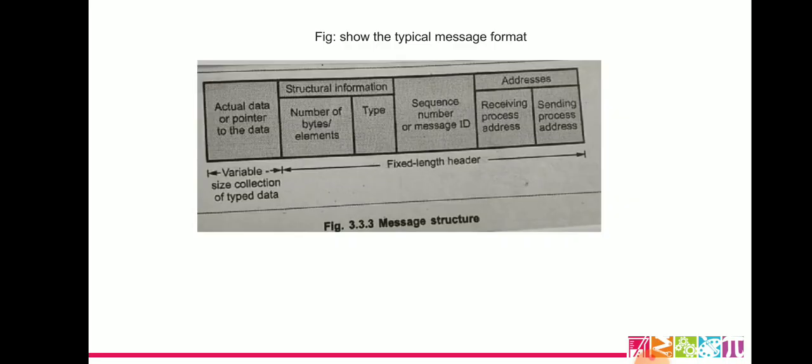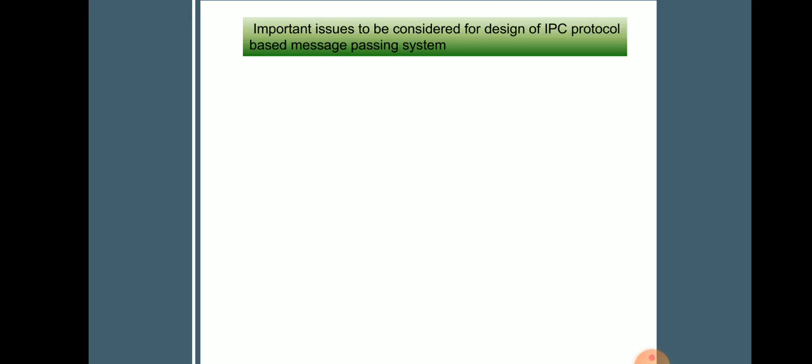As shown in the figure, this is the message structure, consisting of a variable-size collection of data and a fixed-size header. Okay. Then next are the important issues to be considered whenever you are designing an inter-process communication protocol.